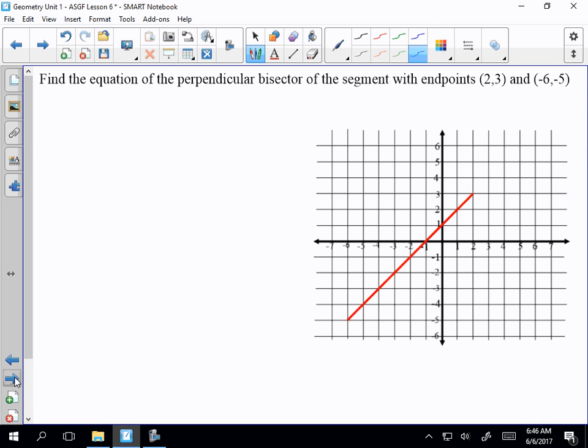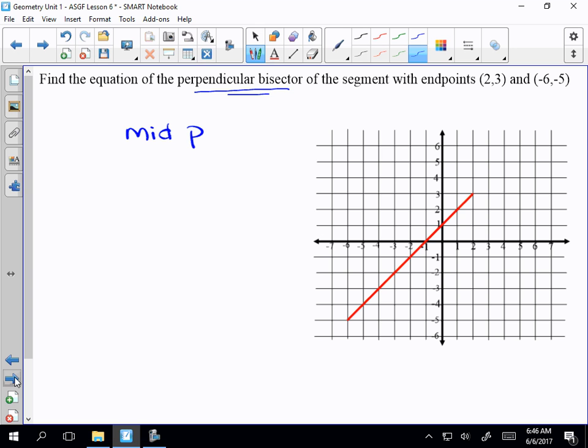Okay, now, if we want to find an equation for a perpendicular bisector, this is going to start to tie together some of our other topics that we have. If it's perpendicular, we have to find the slope of this line and find a perpendicular slope. The bisector means that we also need the midpoint.